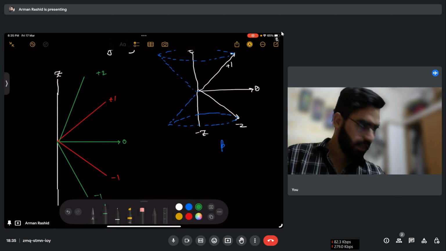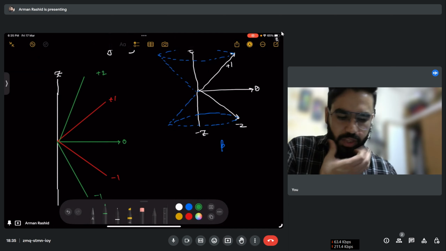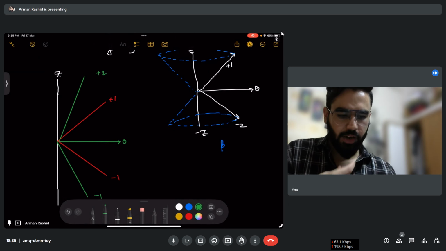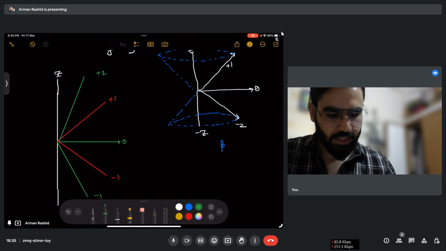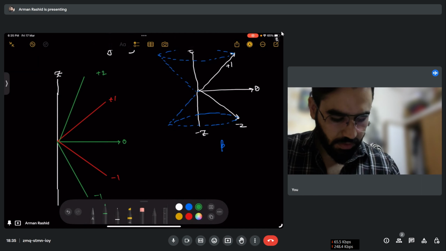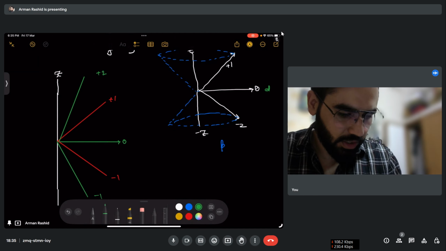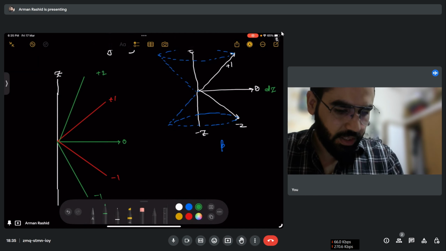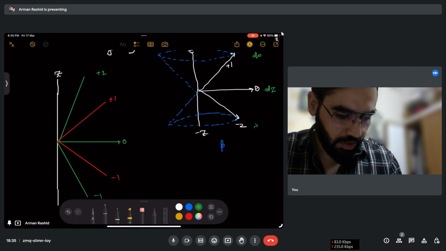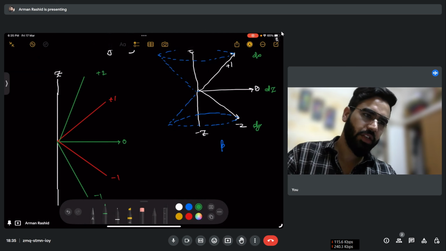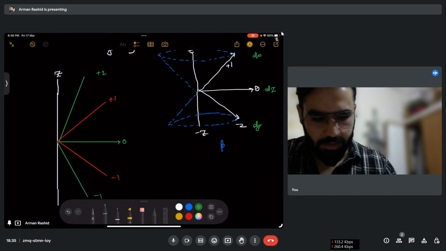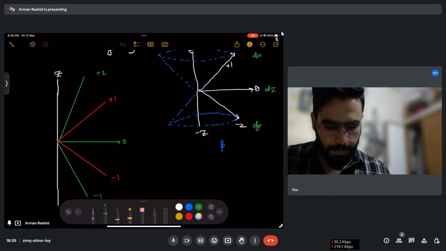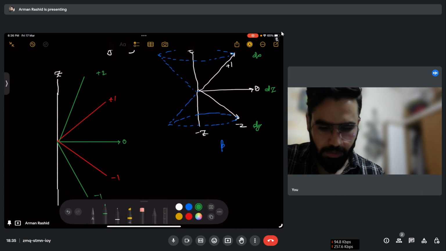So you will have different orientations corresponding to them. We say that we have dz, similarly dx and dy. So we give them different orbital names. It actually depends upon this, so corresponding to them we can make them.